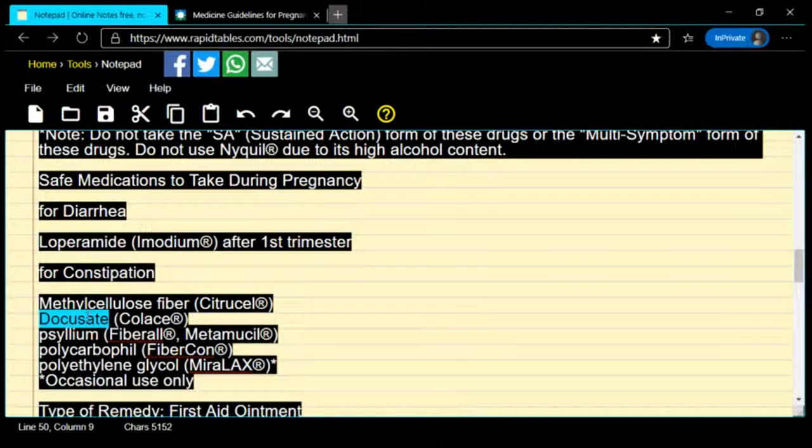Next drug, we have the psyllium, not the docusate.